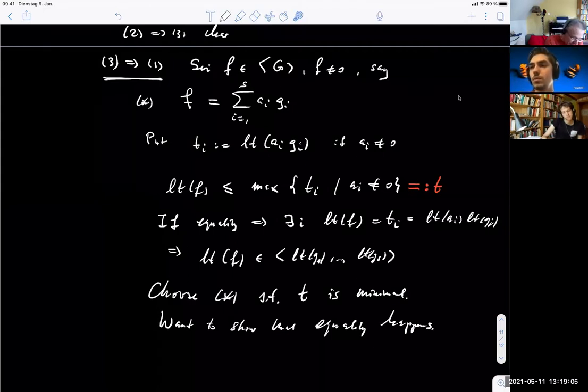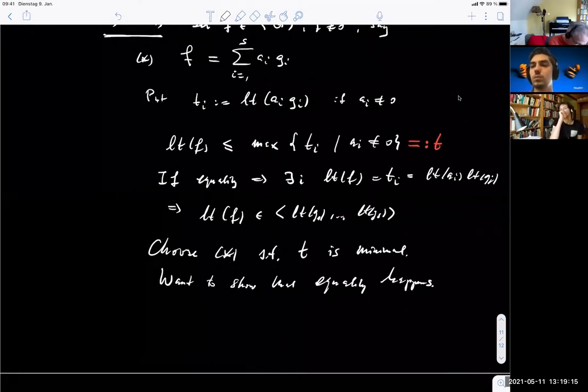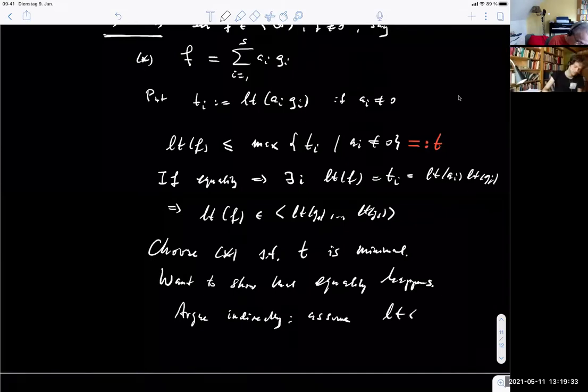Equality. Here, of course, I want to show equality. So as usual, let's assume it's not the case and lead it to a contradiction. So assume, argue indirectly, that the leading term of f is less than t.